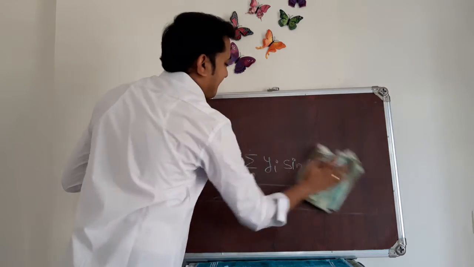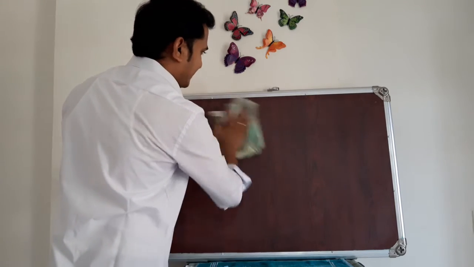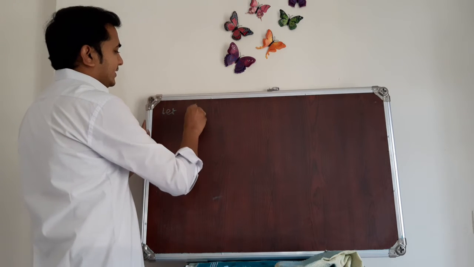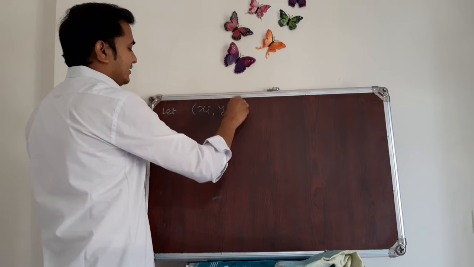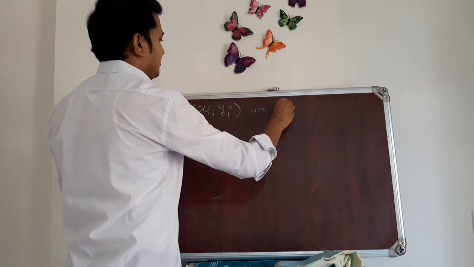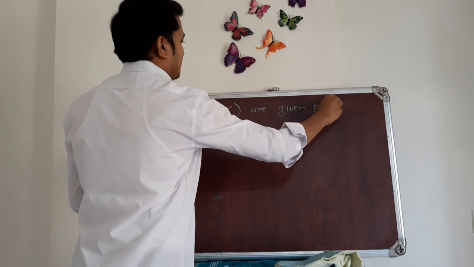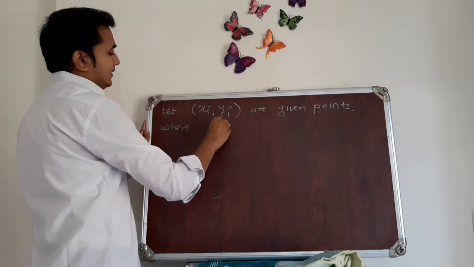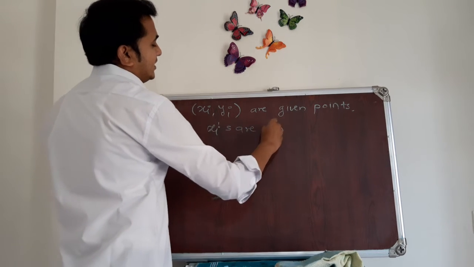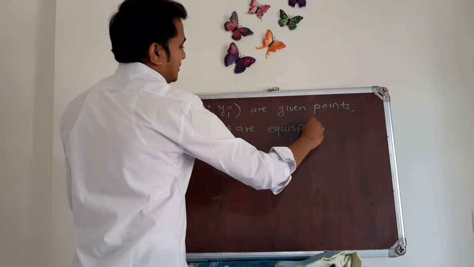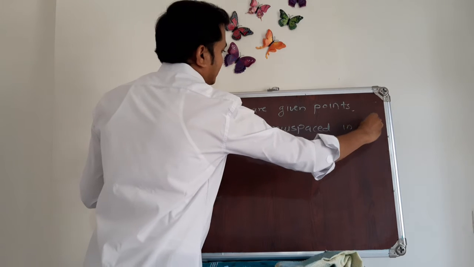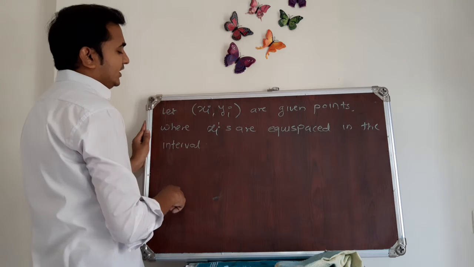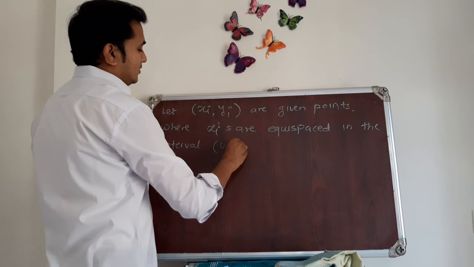So let (xi, yi) be given points, where xi's are equispaced in the interval 0 to 2 pi.